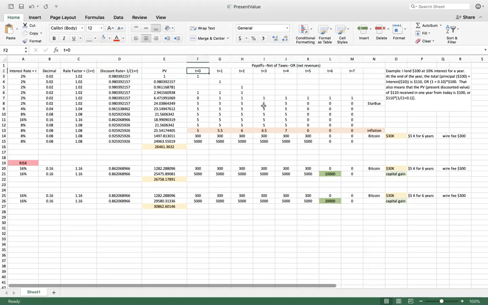One of the things you'll notice, and I didn't do it here, but it's pretty easy to do: if you carry this out to 30 years, you'll be able to see that the discount factor for some period of time in the far distant future is actually very, very, very small.